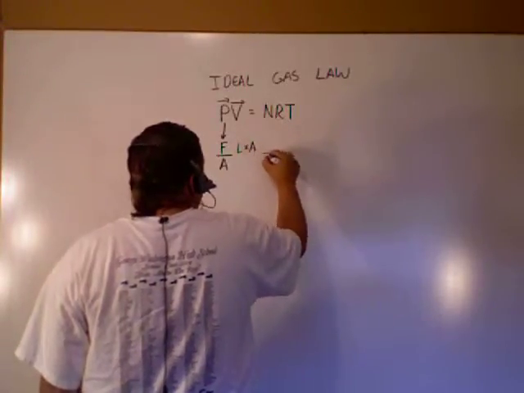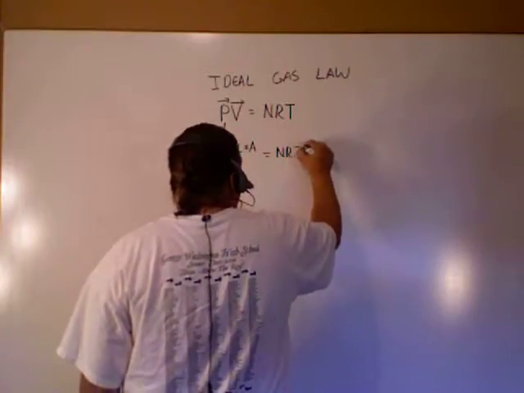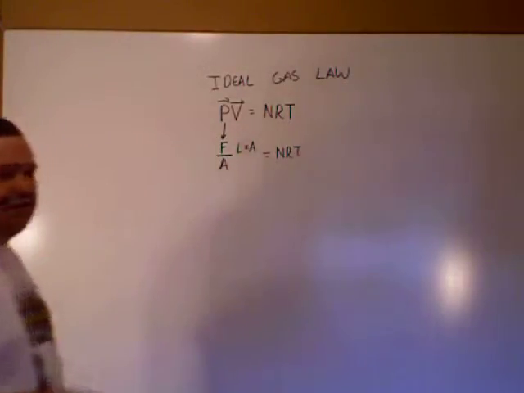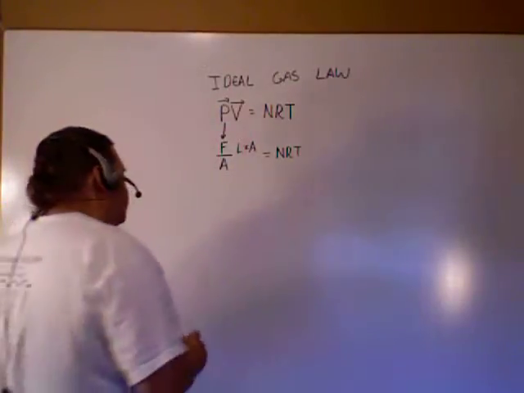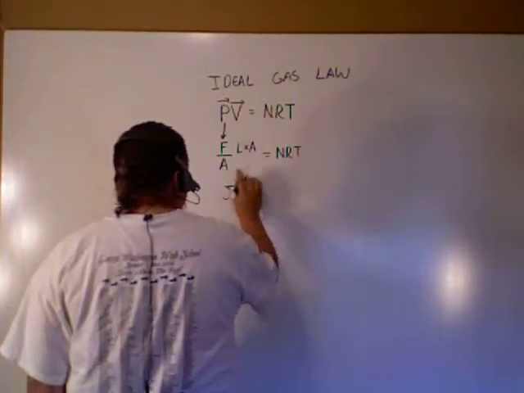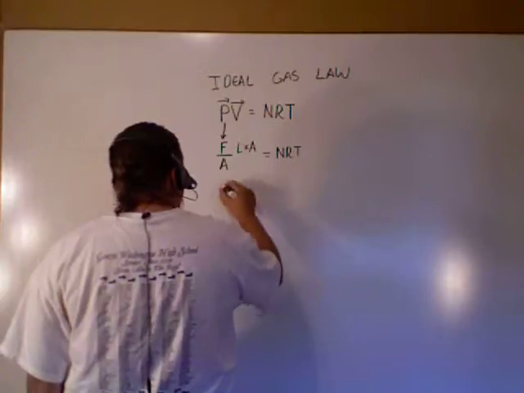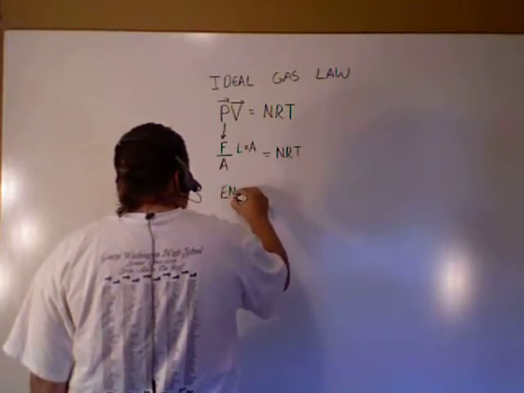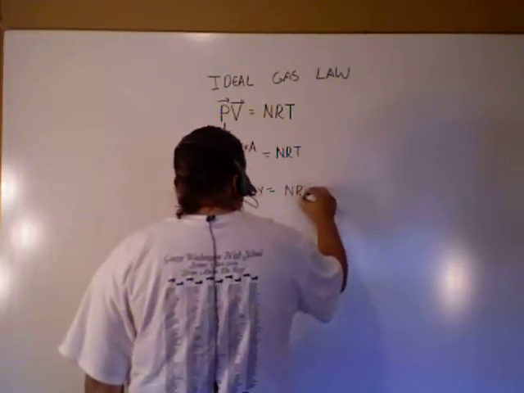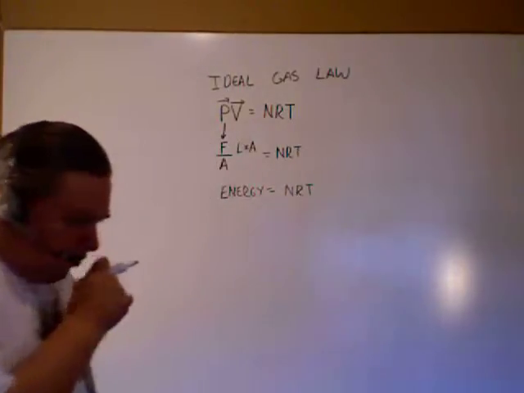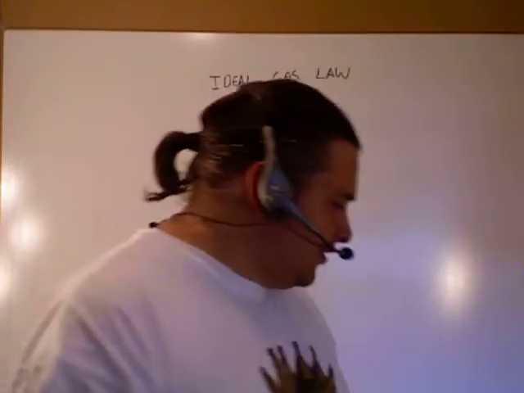So force times distance is nothing more than energy, and the areas cancel each other out. So you end up getting joules. You end up getting work or energy equals nRT. So that's why it's an energy equation.